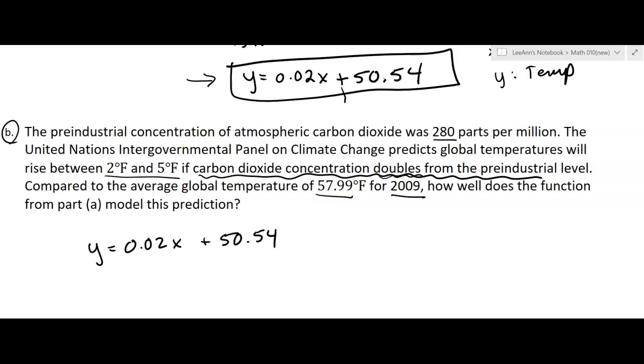Okay, so we're doubling what the pre-industrial concentration was. So what's twice the amount of 280? That's going to be 560. So we want to let X equal 560. And then we're going to find out what our model says the temperature would be.